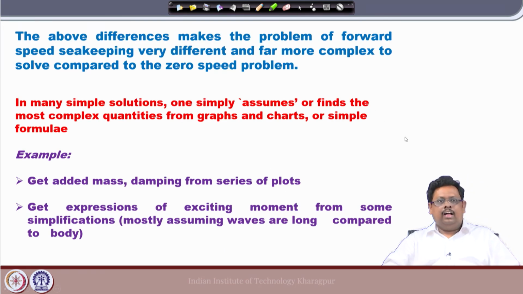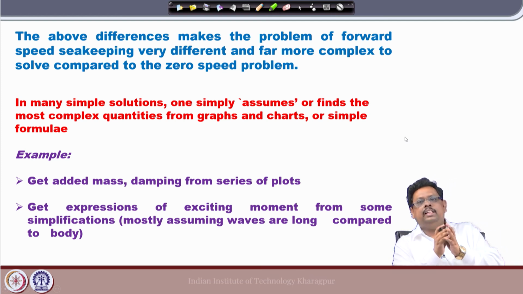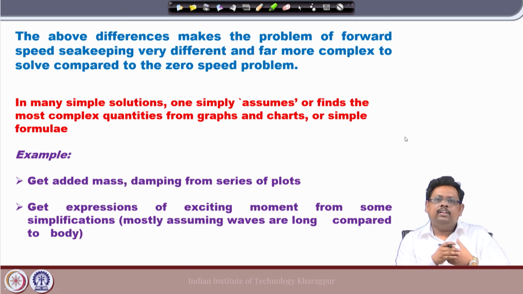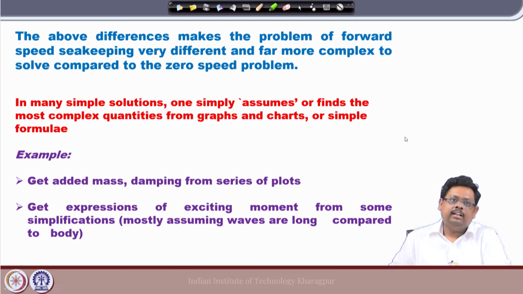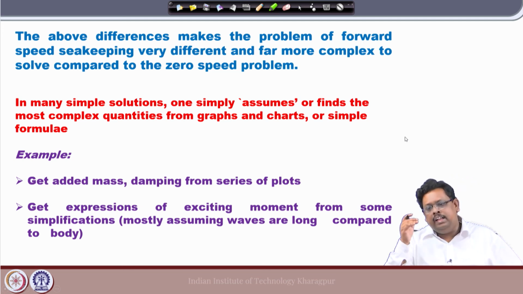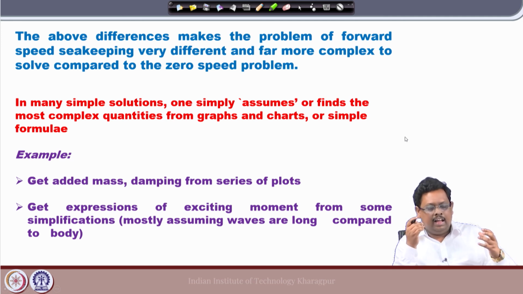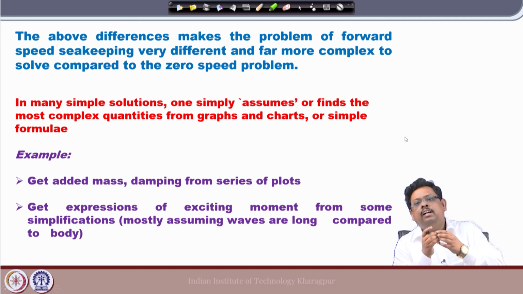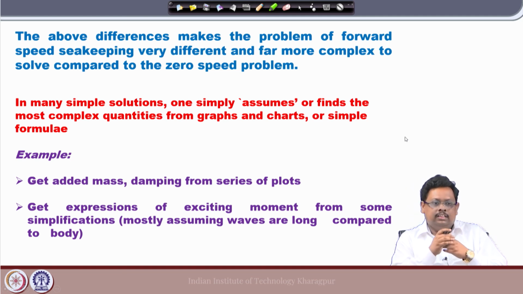Now, as you see, this difference makes the forward speed seakeeping problem very different compared to the zero speed problem. The most difficult phenomena here are getting the radiation potential and the diffraction potential.